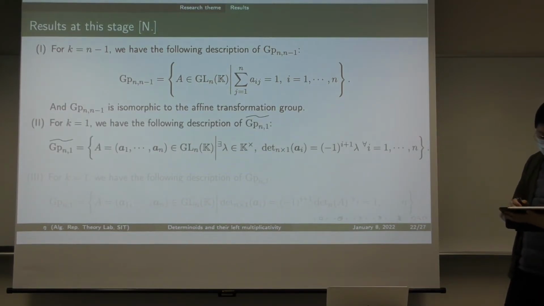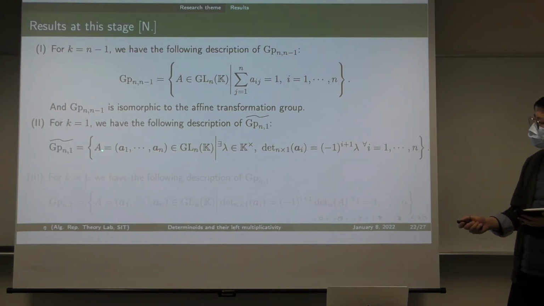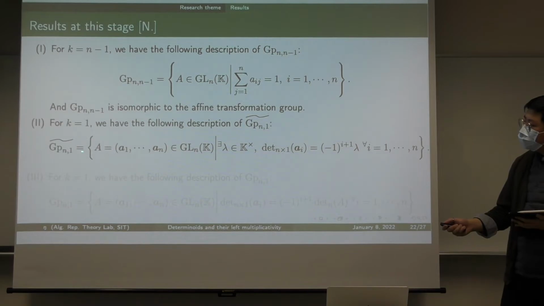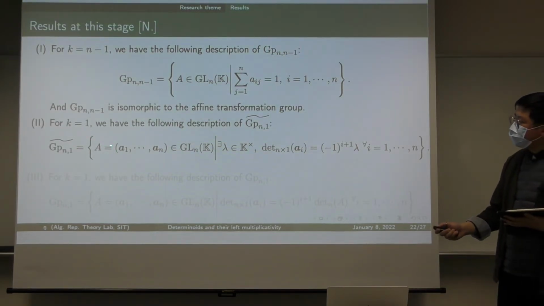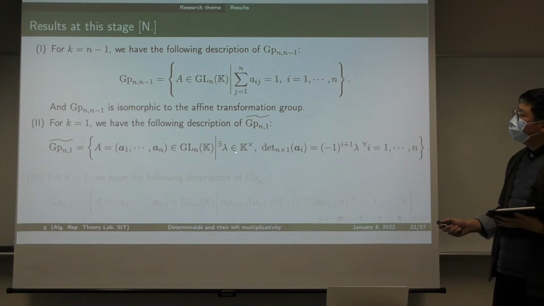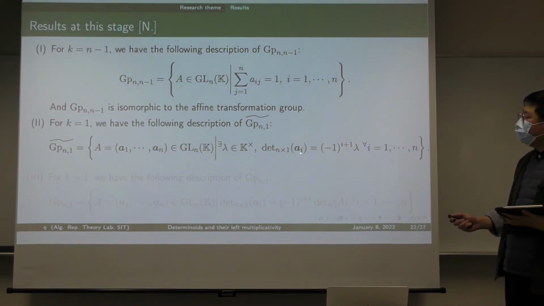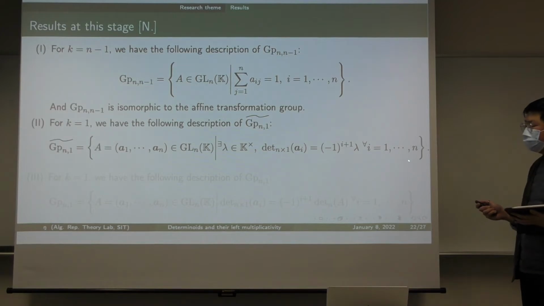Okay, and second, for k equals 1, we can rewrite GPN n1 tilde like this. What this means is that for any element in GPN n1 tilde, there exists a non-zero scalar lambda in K, such that the determinoid of each column equals the alternating sign of lambda for any i.